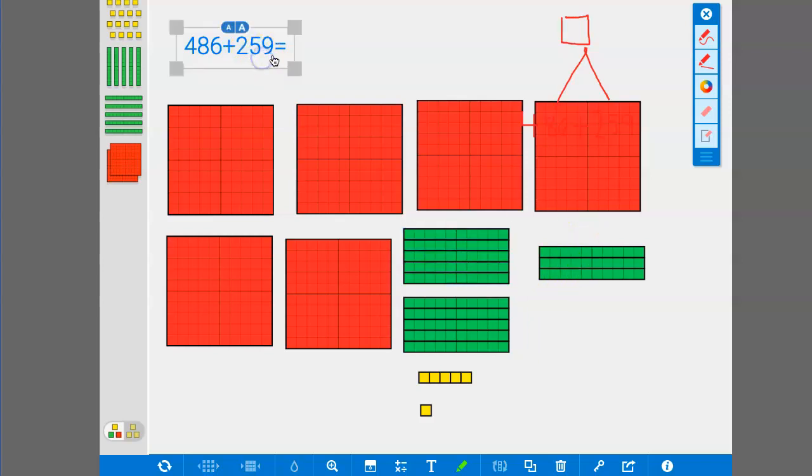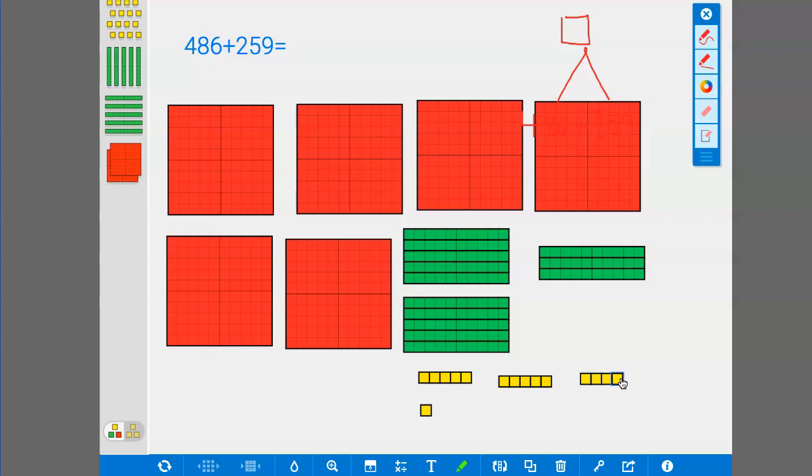Now let's add the 9 ones. 1, 2, 3, 4, 5, 6, 7, 8, and 9. Perfect.